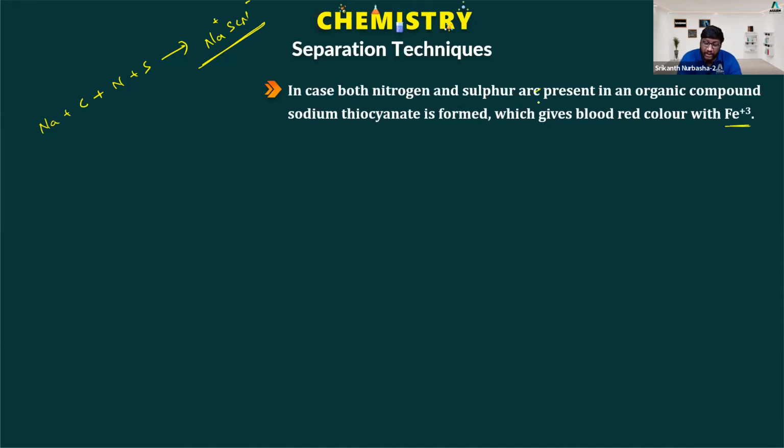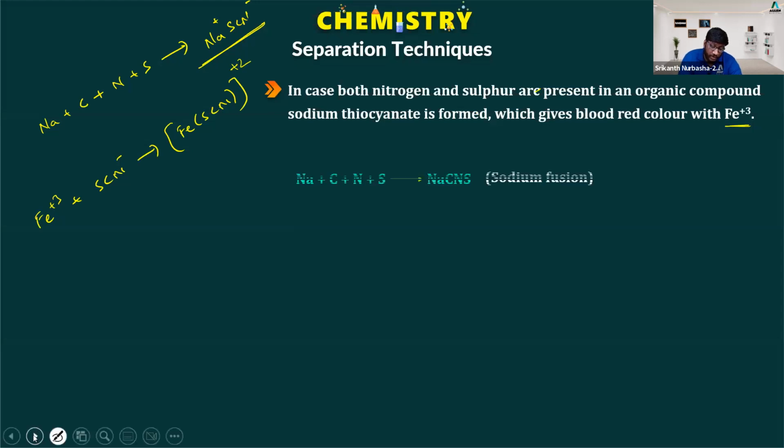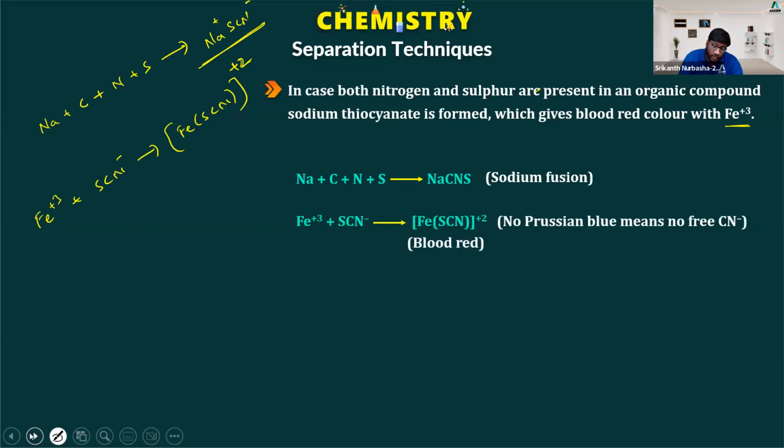In case both nitrogen and sulfur are present in the organic compound, sodium thiocyanate is formed, which gives blood red color with Fe+3. Fe+3 will react with SCN- to form [FeSCN], which will have a charge of how much? Plus 2, because Fe should be in the +3 state. [FeSCN]2+ is your blood red color.